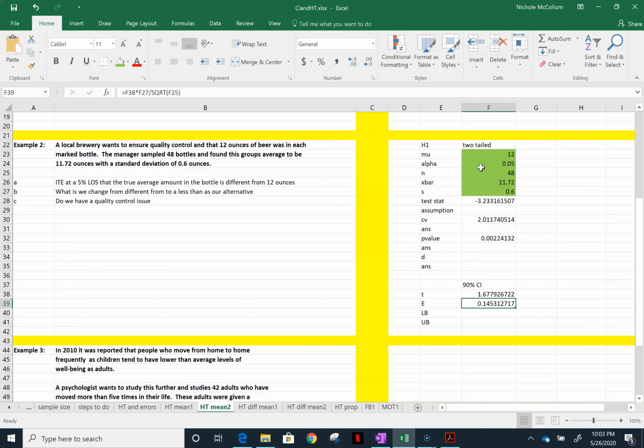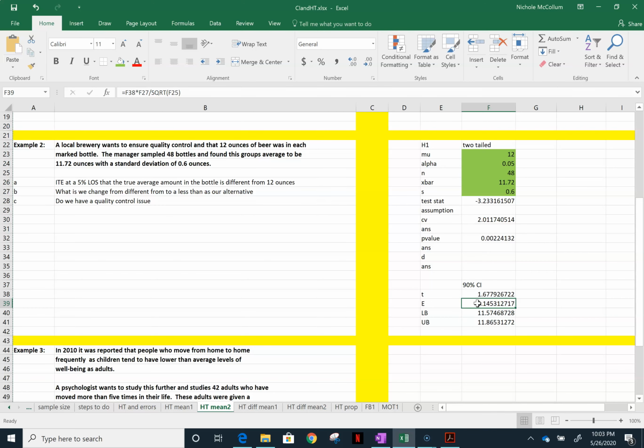And there it is. Once I have the error, I can utilize that to find my lower bound. The lower bound is your sample, please, guys, your sample minus the error. And your upper bound is your sample average plus the error. And that's my confidence interval.